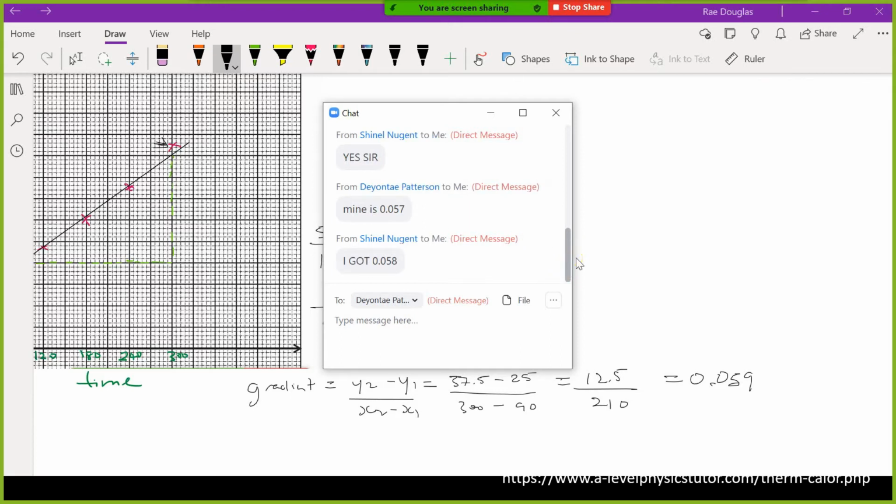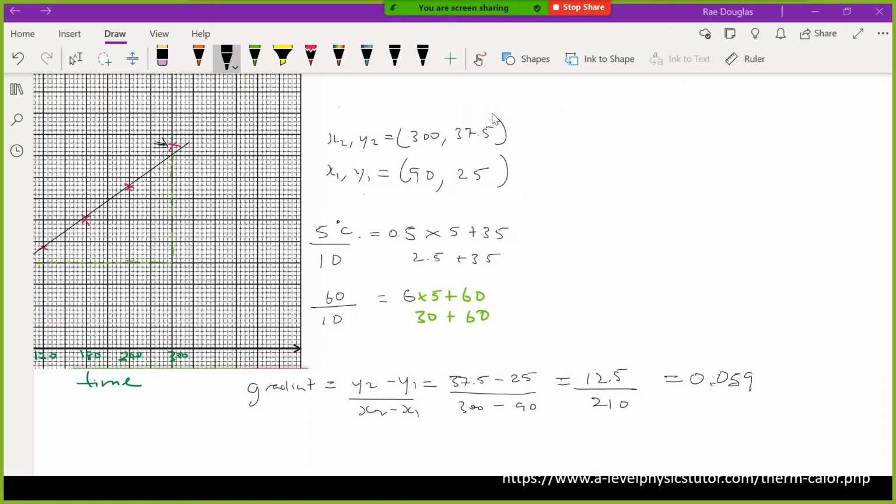So having said this, I want you to see something here, because this is what is going to assist us in the next part of the question. This gradient, y2 minus y1, is basically your change in temperature divided by time, right?